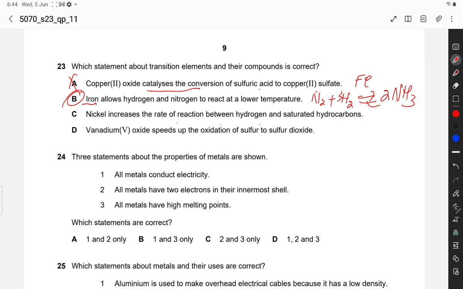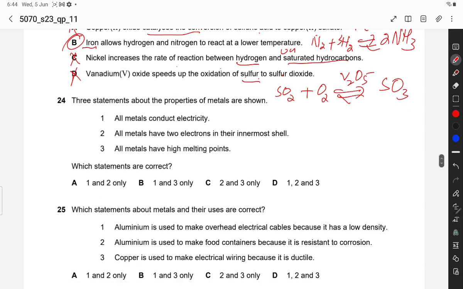Nickel increases the rate of reaction between hydrogen and unsaturated hydrocarbon, so it is also incorrect. Vanadium 5 oxide speeds up the oxidation of sulfur to sulfur dioxide. No, it is used when sulfur dioxide reacts with oxygen to form sulfur trioxide, not sulfur to sulfur dioxide. This is a reversible reaction and vanadium 5 oxide is used, so it is also incorrect.